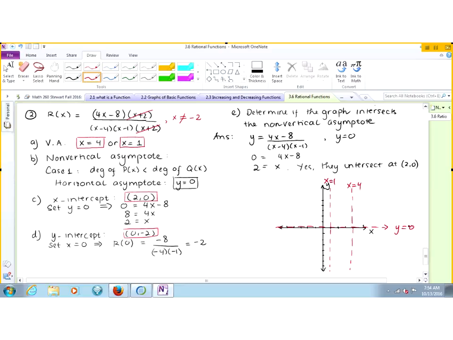Now, I'm going to graph the points that I have. 2, 0 is right here. And then 0, negative 2 is right here. So this is 2, 0. This is 0, negative 2.